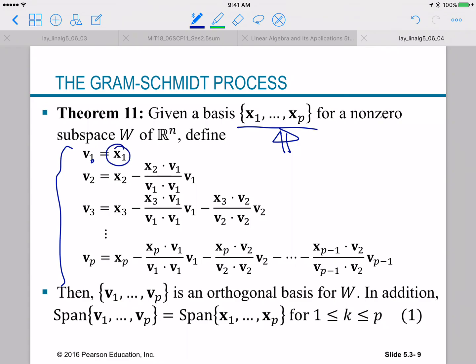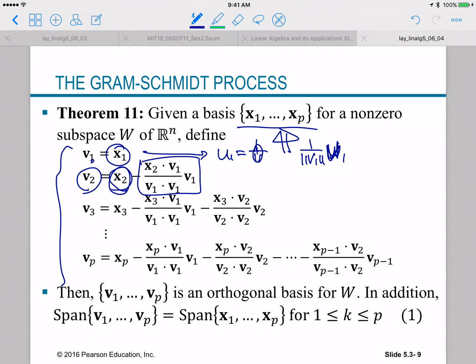So we start with the first one, and then we optionally normalize it, 1 over the norm of v1. It's quite tedious just writing it, but for the second one, we subtract this orthogonal projection, and this will be the next orthogonal basis vector, and then we can also normalize it.